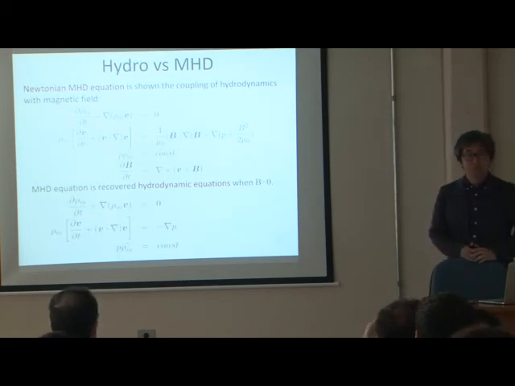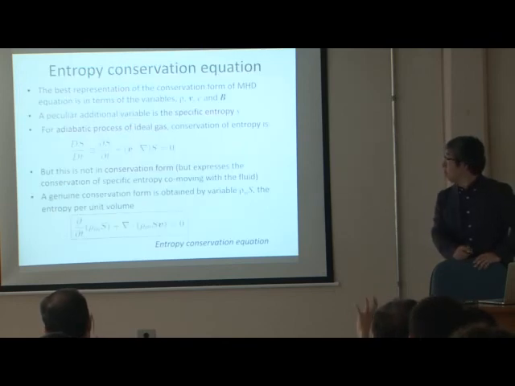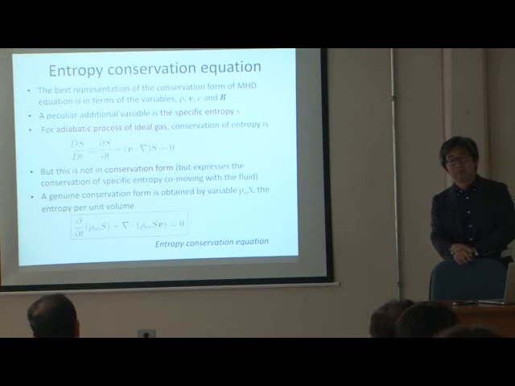DS/Dt equal to 0 means entropy per volume conservation in each element of volume in the moving flow, right? Yes, the total derivative is the conservation in the moving flow in the element of volume. It doesn't mean that S has to be the same in every element of volume. But it's conserved in each element moving with the flow.